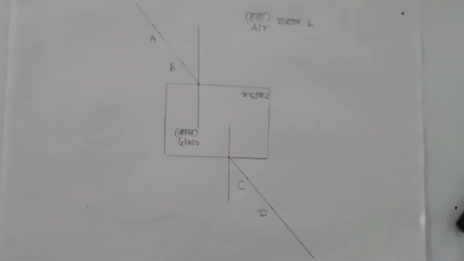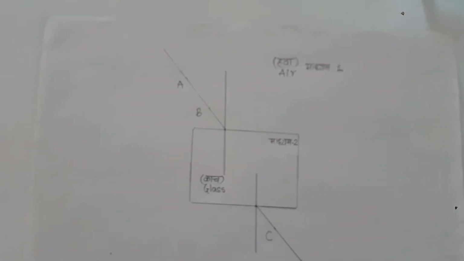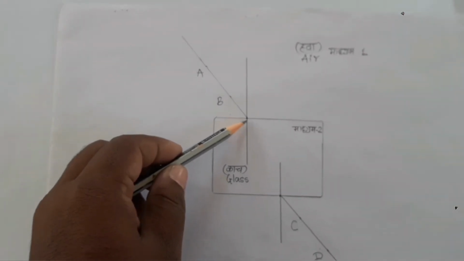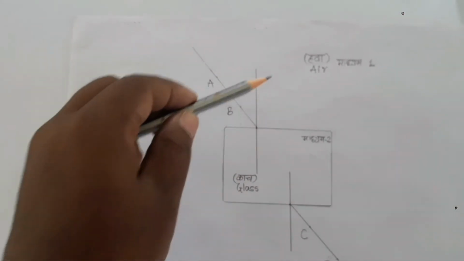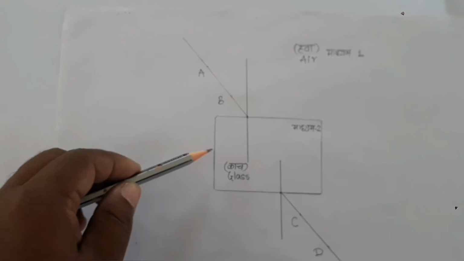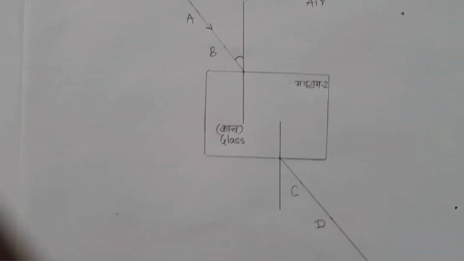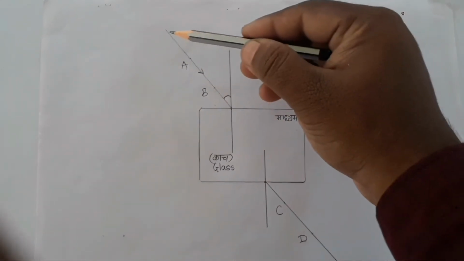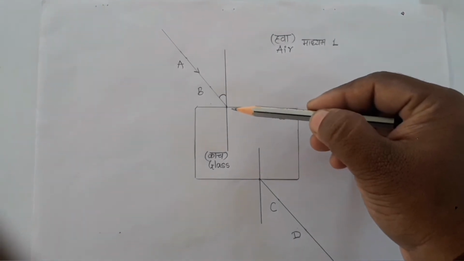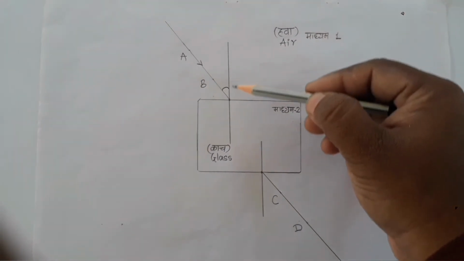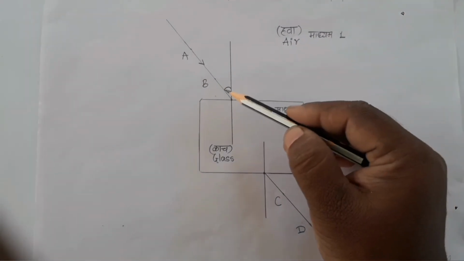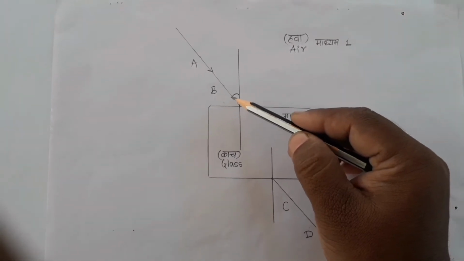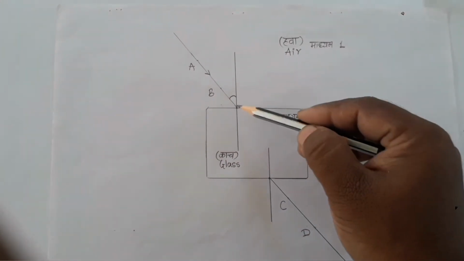You may observe that lines AB and CD intersect our glass surface. At the points where they intersect, we have to draw two perpendiculars. Observe the diagram carefully. Ray AB is entering the glass slab. This ray is called the incident ray, and this ray makes an angle with the normal.